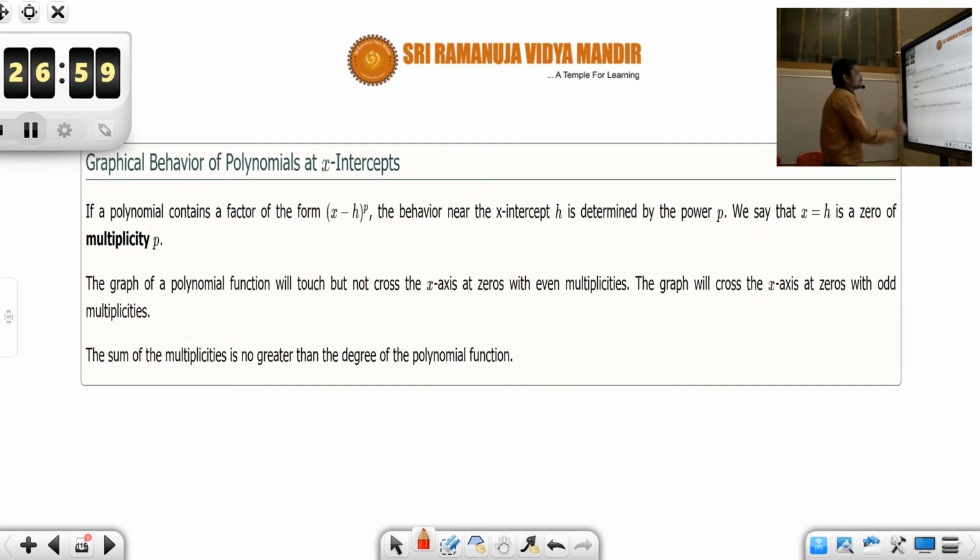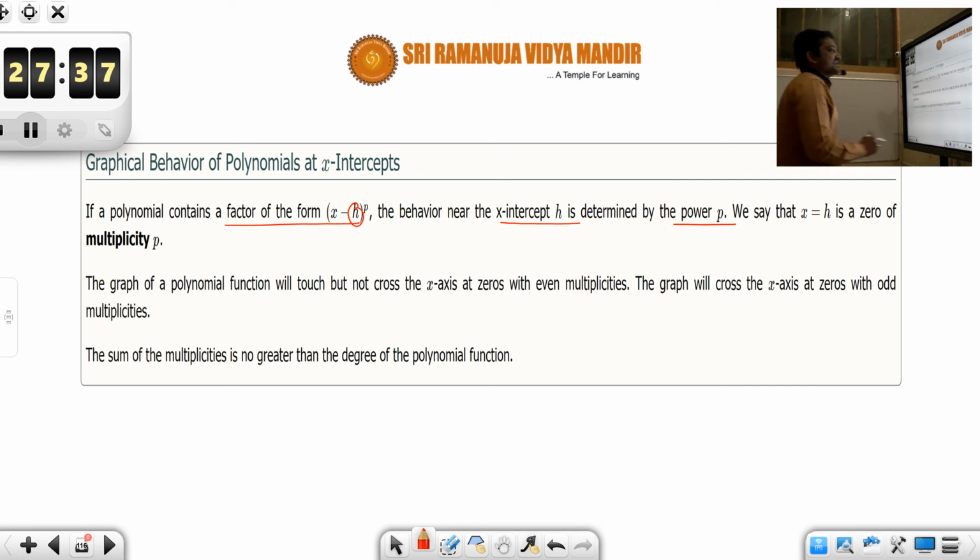Okay, students. Now, graphical behavior of polynomials at x-intercepts. If a polynomial contains a factor of the form (x minus h) to the power p, the behavior near the x-intercept h is determined by the power p, because depending on whether the power p is odd or even, that is, depending on the multiplicity, you can guess how the flattening looks.